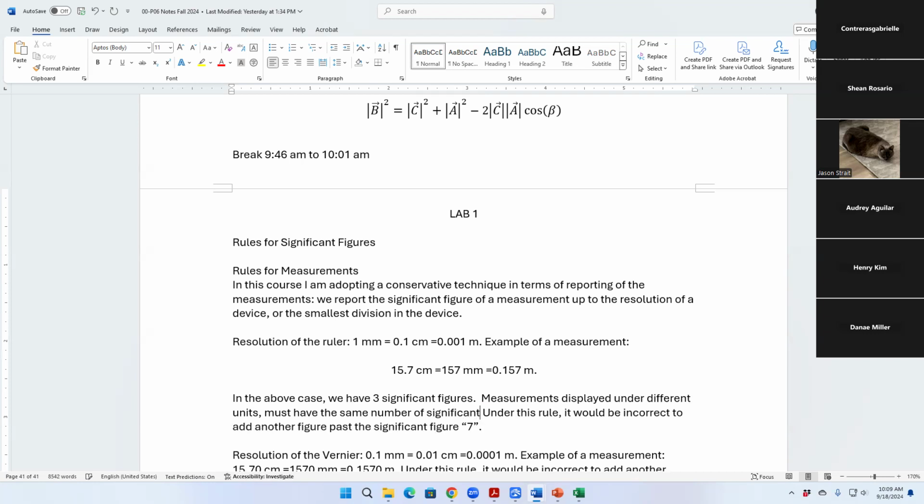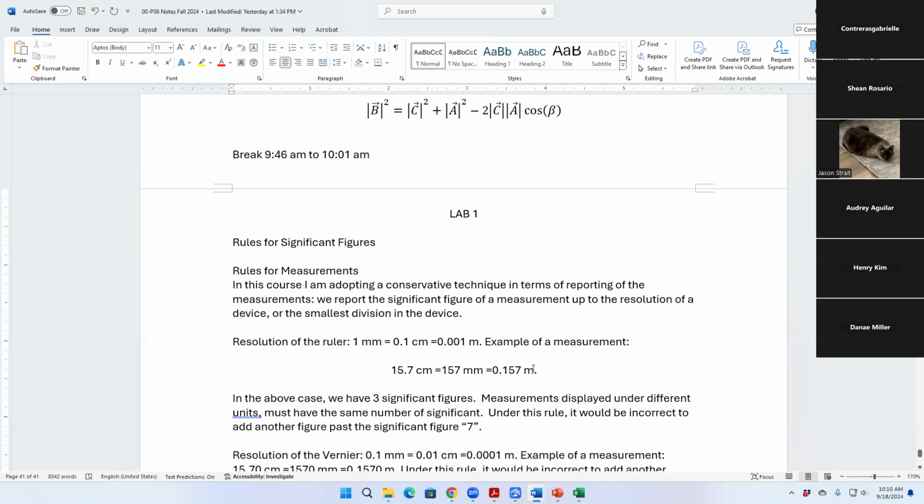It doesn't matter if it's in a different unit. So here we have 3 significant figures, here we have 3, and here we have 3. This 0 here is not a significant figure because it's to the left of the leftmost significant figure. Okay?